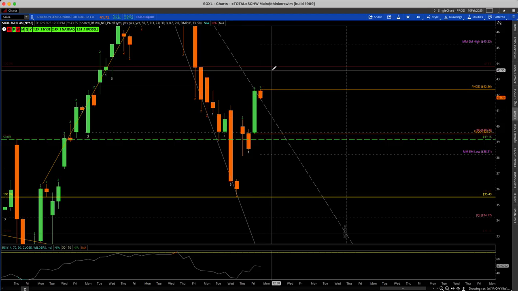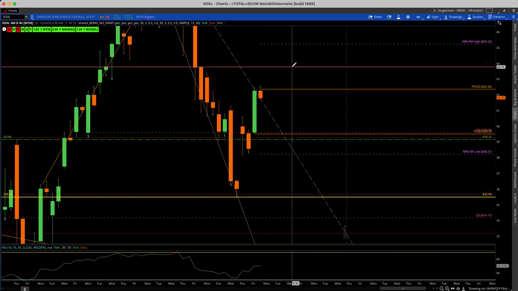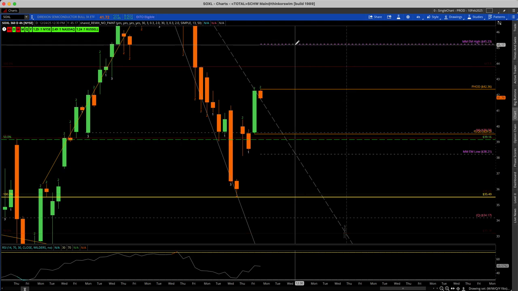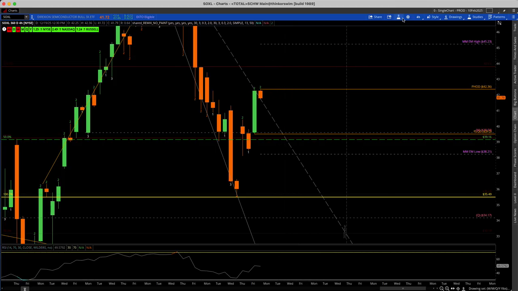So we have to look at our major horizontal levels. The first one I would look at is this 4380, which is the 100% fib extension of that bull flag from the April 7th low, and then market makers' expected move high if we just have a straight shot up.